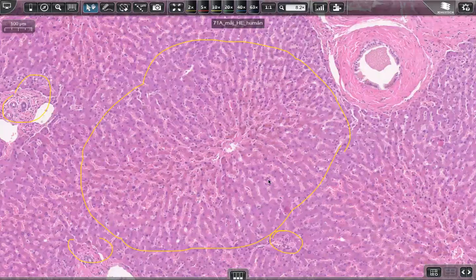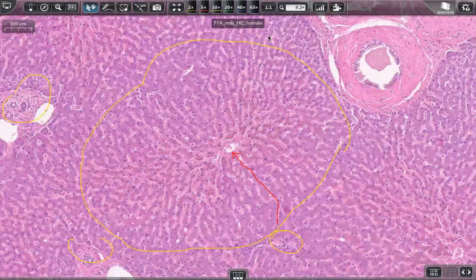I'm using the red color indicating the oxygen-rich blood. So the tiny branch of the hepatic proper artery carries oxygen-rich blood that goes to the center.